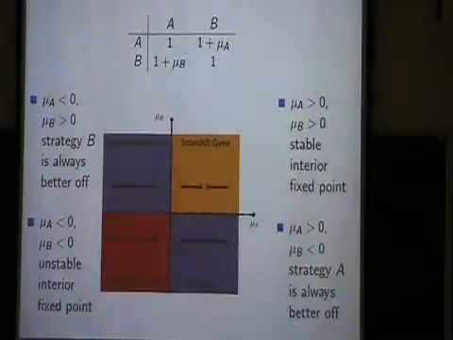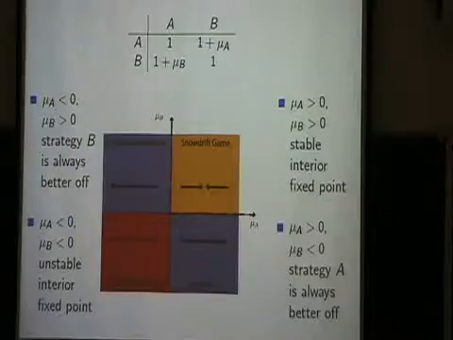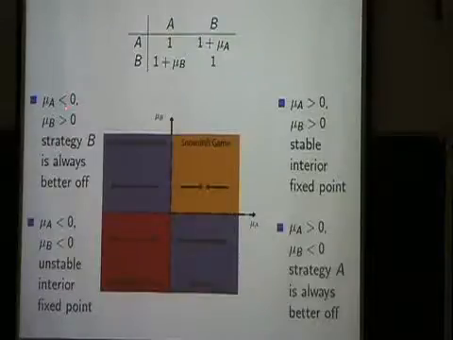So let me go to the next slide. So here we have the payoff matrix again, and now you can distinguish four different cases according to the signs of mu A and mu B. Let's take the examples which we know already, which were the prisoner's dilemma and the snowdrift game. In the prisoner's dilemma, mu A was less than 0 and mu B was greater than 0.